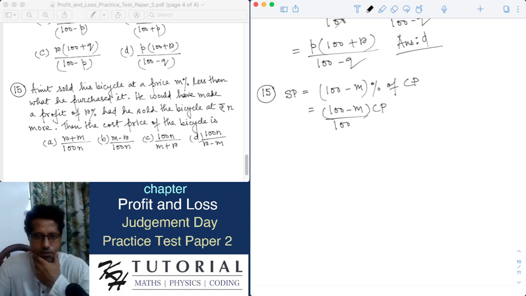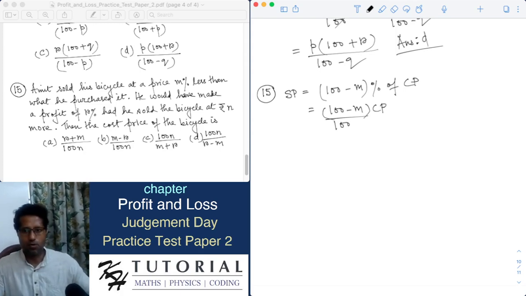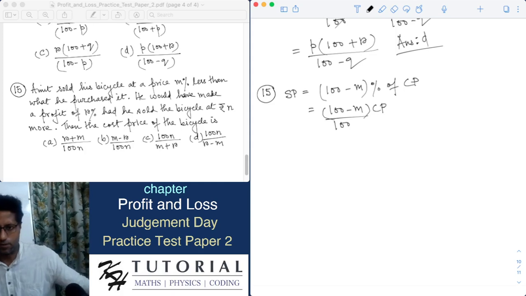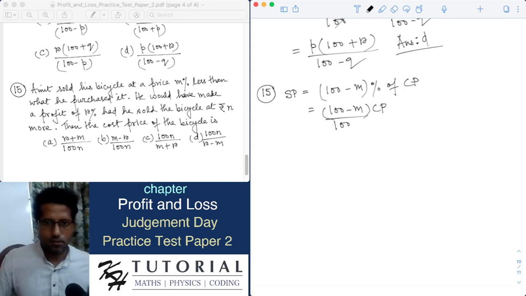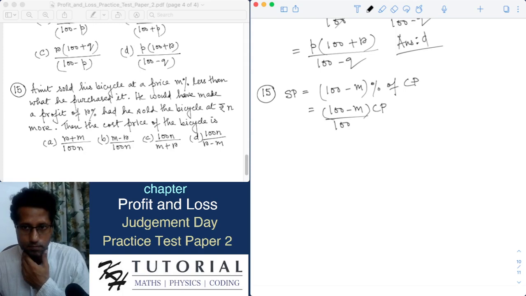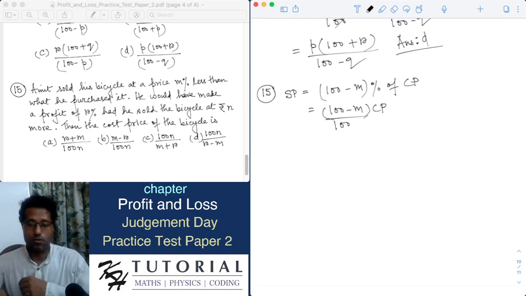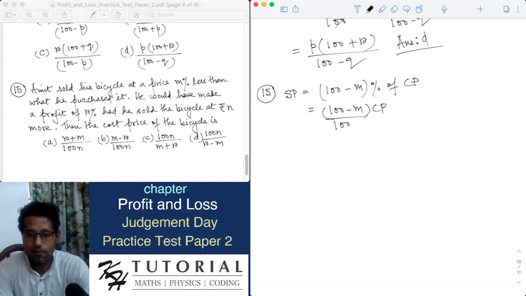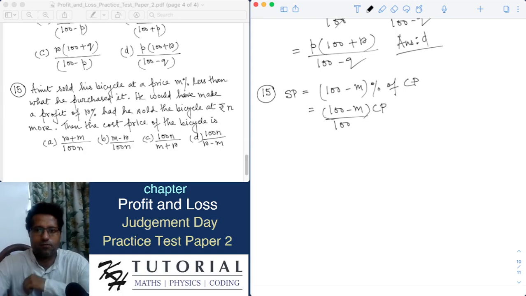So we have SP. This is the price at which he initially sold the bicycle. From the statement that he sold the bicycle at a price M% less than what he purchased it for, we get that the first time, the selling price was (100 minus M) into CP by 100, where CP is the cost price of the bicycle.